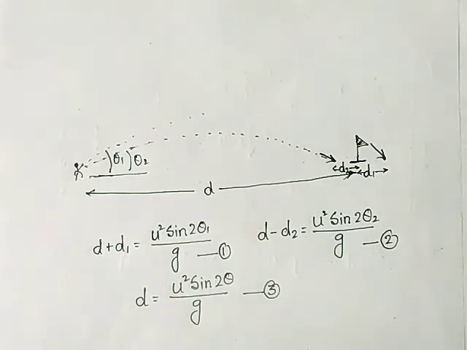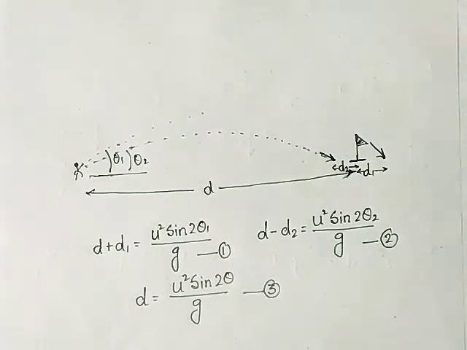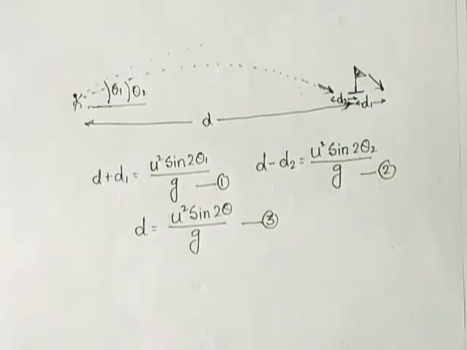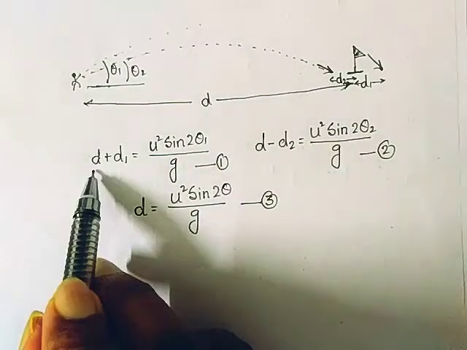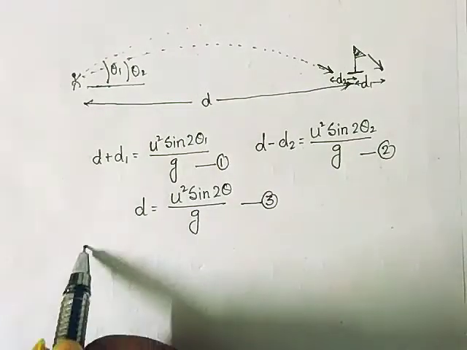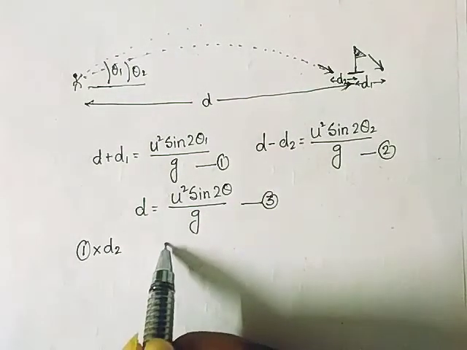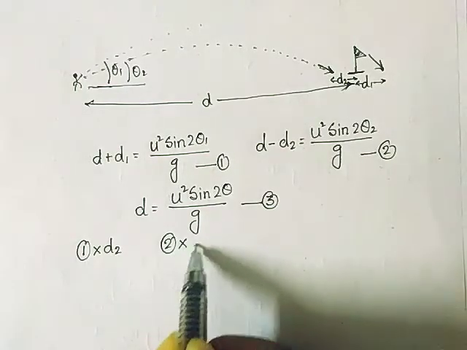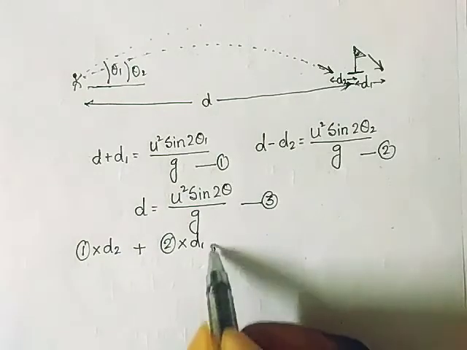So now it is all left for mathematics. There is no physics at all, no concept at all. Whatever be the procedure, we try to find out the value of 2 theta, or theta basically. So if I multiply equation 1 by d2, and multiply equation 2 by d1 and then add, what does it give?